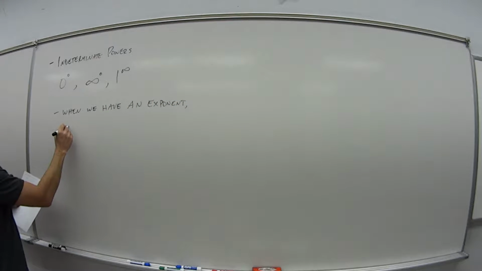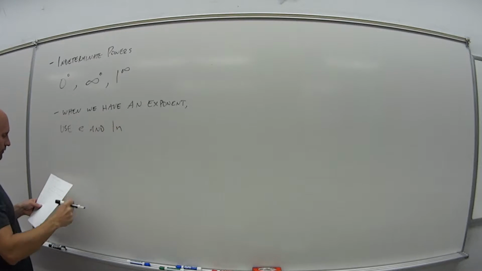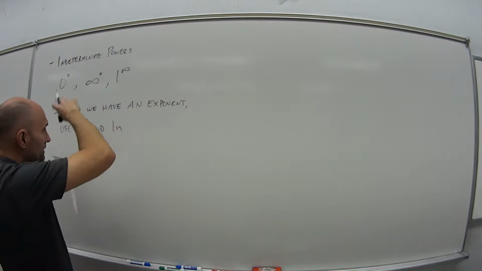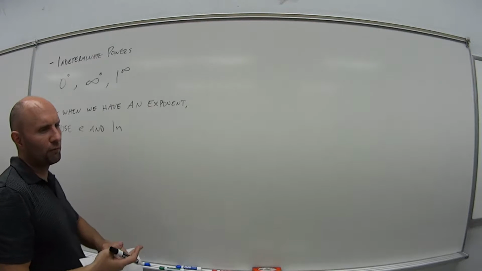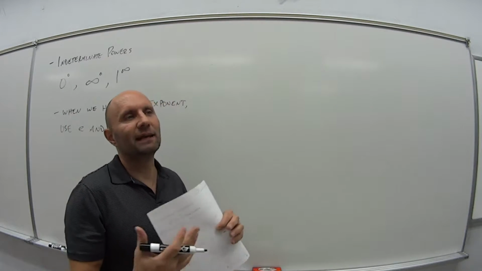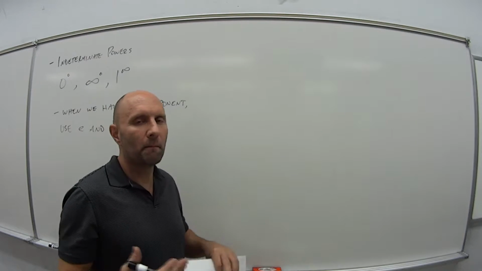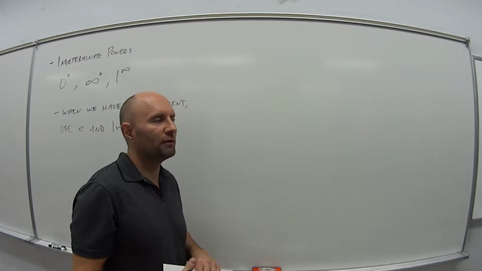When we have an exponent, we're going to end up using e and natural log together to rewrite our initial expression. Just like before, we had to either write it like f over 1 over g, or combine it to get it to the indeterminate form.